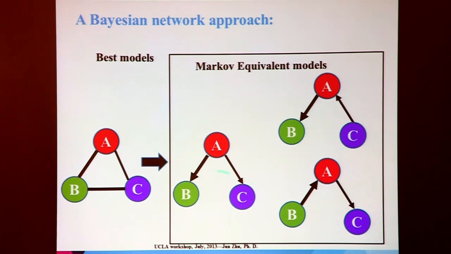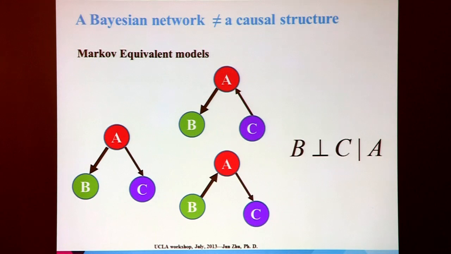If you look at A, B, C, they capture exactly the same relationship: conditional on A, B and C are independent. So the probability gives you exactly the same form. Mathematically, given data, there's no way you can distinguish these 3 structures. So that's a big problem.